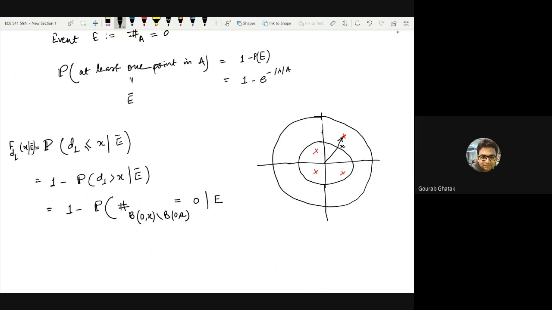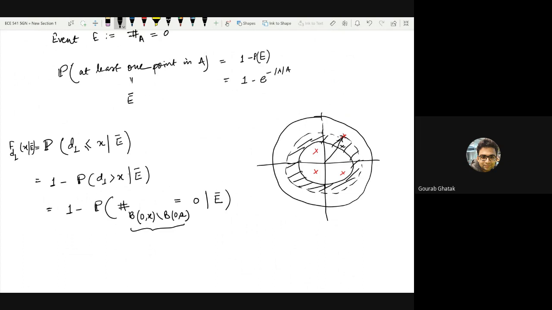Is the development until this point clear? So what we are finding out is the probability that there are no points inside of this new region that we have created, which is this guy, and it is given by this annular region of 0 to x minus 0 to a.